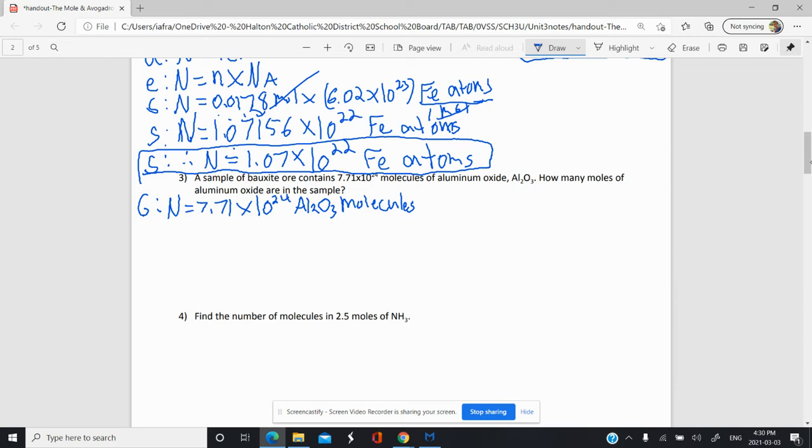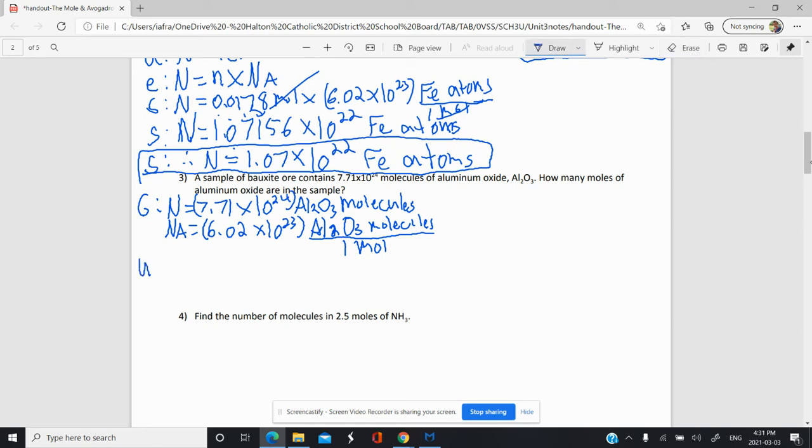And we also have, don't forget, Avogadro's number, which is, so I'm putting these in brackets here, 6.02 times 10 to the power of 23 Al2O3 molecules per 1 mole, per mole. And you could have just written the mole without any, so that's fine to shorten it. And what are we looking for?